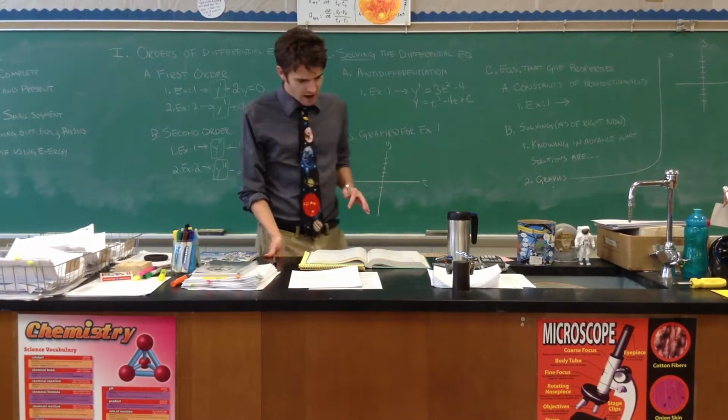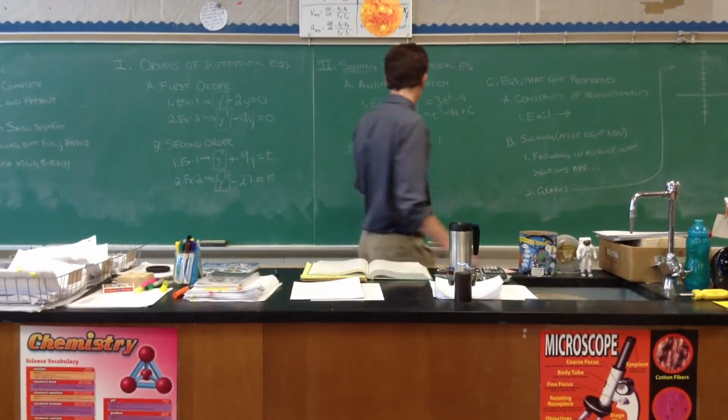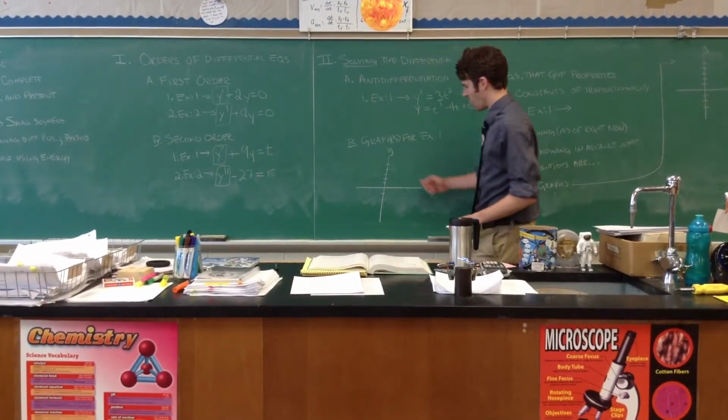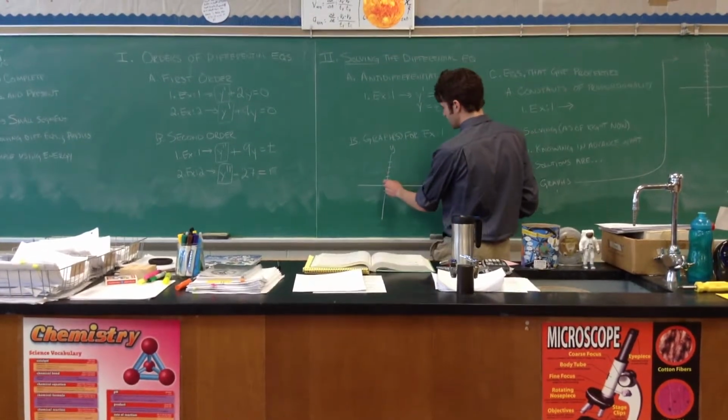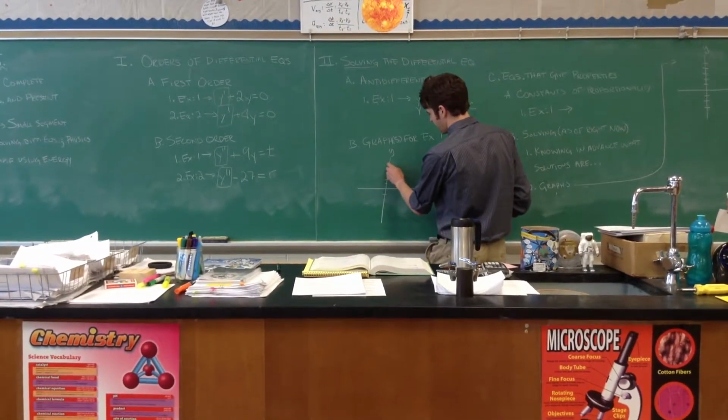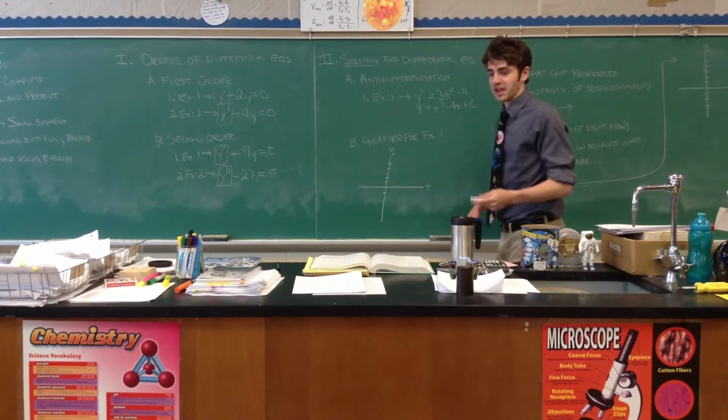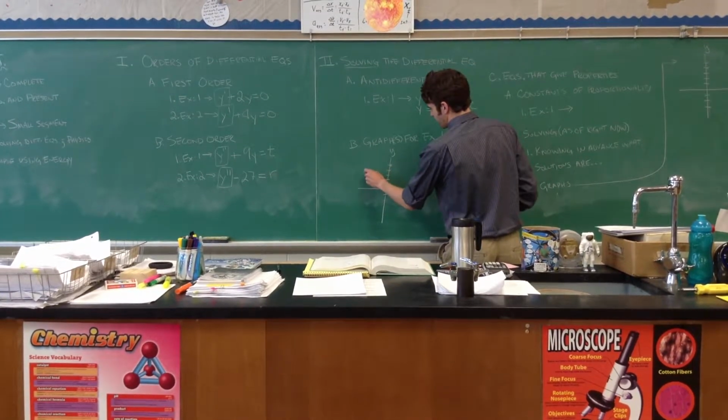Let's look at a graph for this one here. So I've set up our axis here for y and t, and in this case, 1, 2, 3, 4, 5. And I'll explain after I put them up here, so just bear with me for a minute.